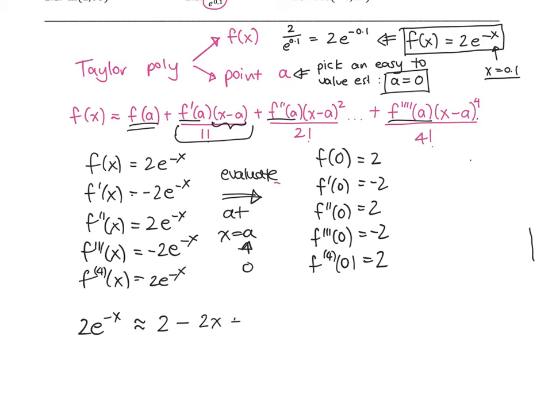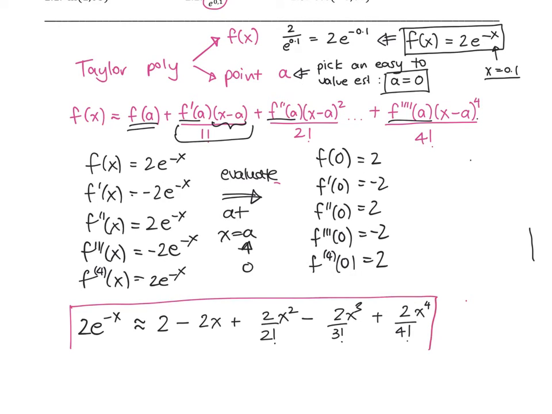Then we have 2 over 2 factorial x squared, and our third order term, which gives us minus 2x cubed over 3 factorial, and finally our term with x to the power 4. And we have our Taylor polynomial. So what we've got here is a polynomial that we can use to estimate values of 2e to the minus x for values of x close to our a, which in this case was 0.